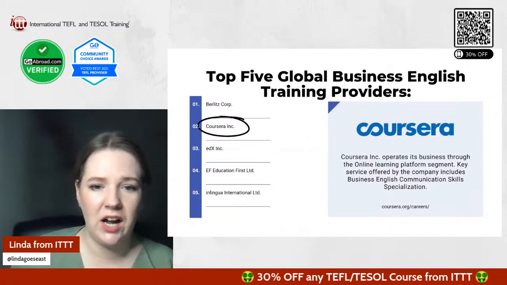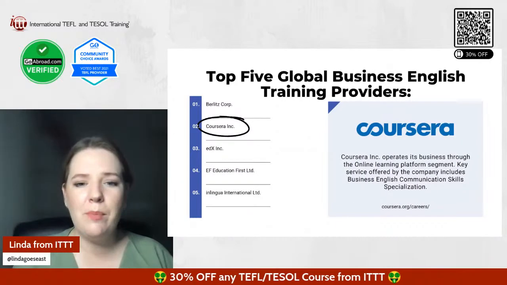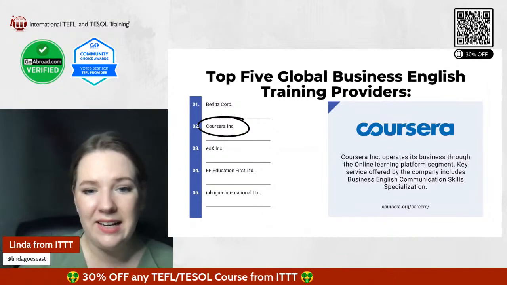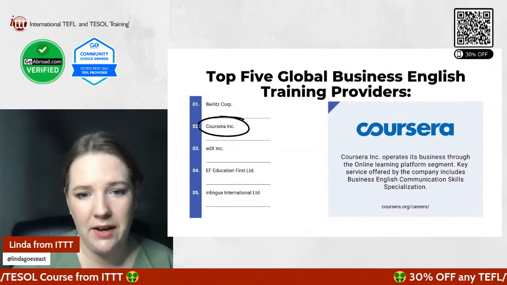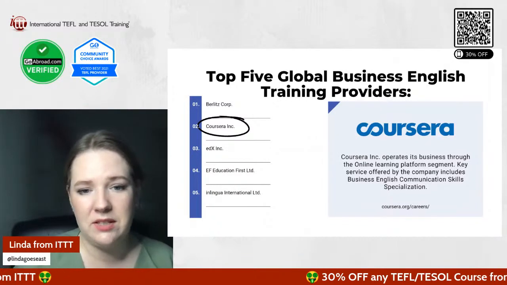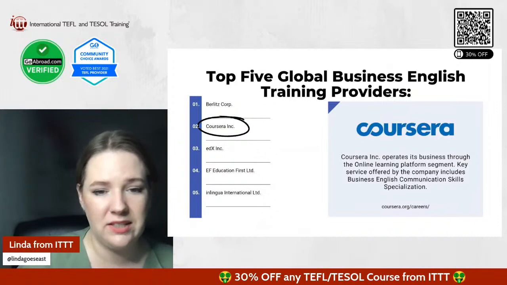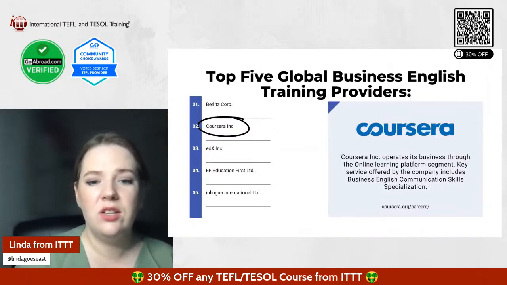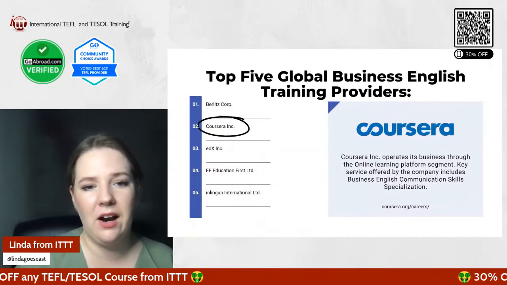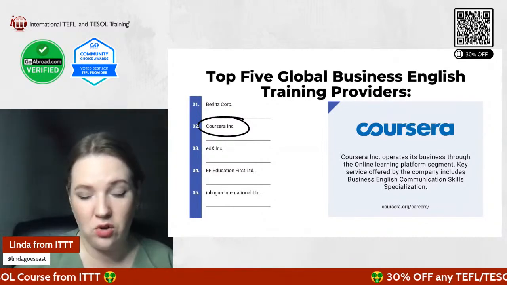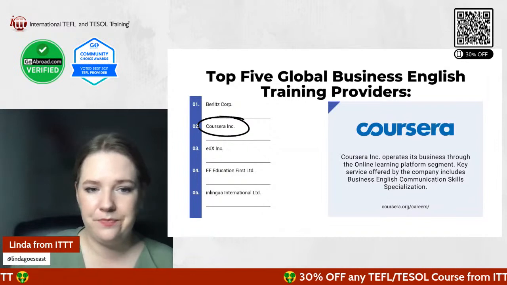Next one, Coursera. We probably know this one, but they operate their business through the online learning platform segment. So they offer services including business English communication skills, specialization courses, and things like that. So they are actually also hiring business English professionals for their courses, putting together courses and lessons and classes.